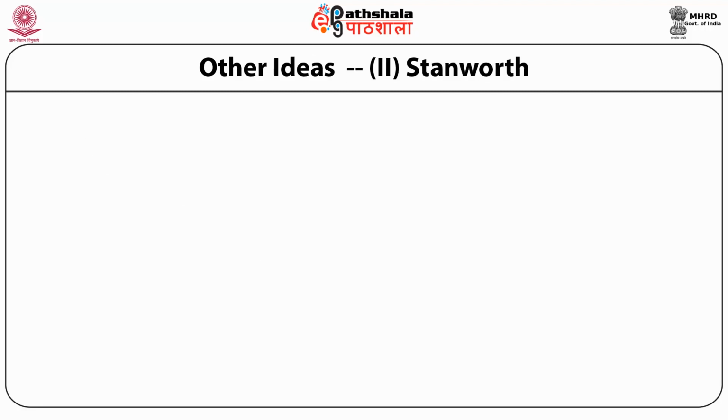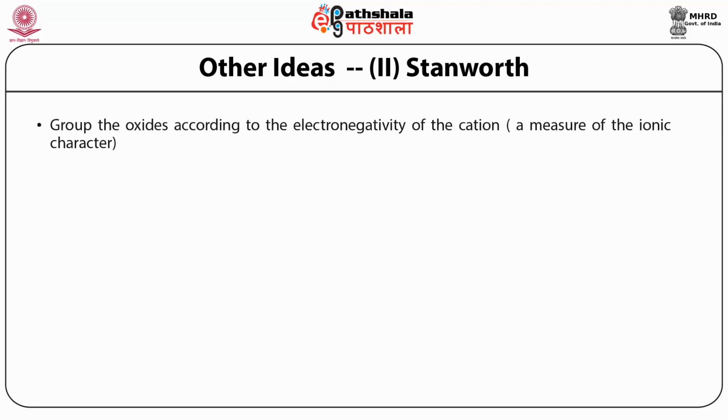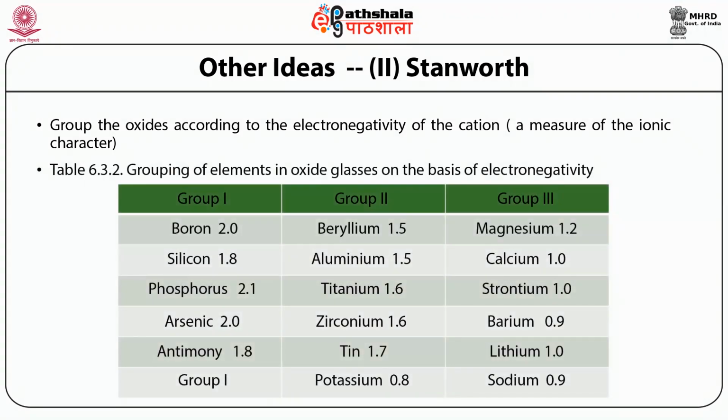Now, taking this idea further, Stanworth grouped the oxides into 3 groups on the basis of the electronegativity of the cation. Since the anion is oxygen in all the cases, the electronegativity of the cation is a measure of the ionic character of the bond. Higher electronegativity implies lower ionic character. Students, you can see from this table that the groups of elements are characterized on the basis of their electronegativity.